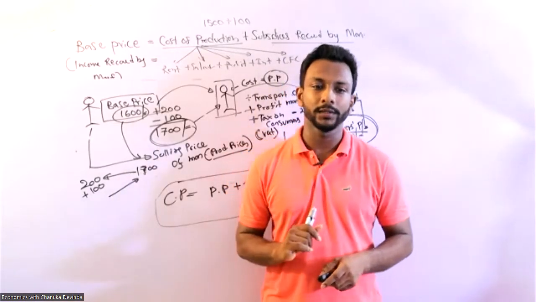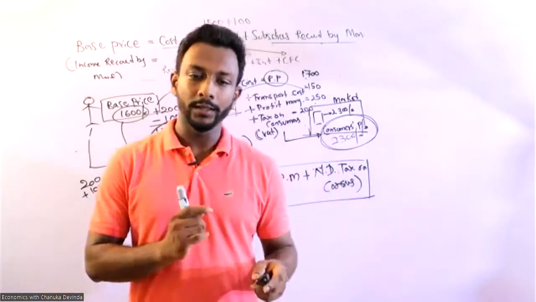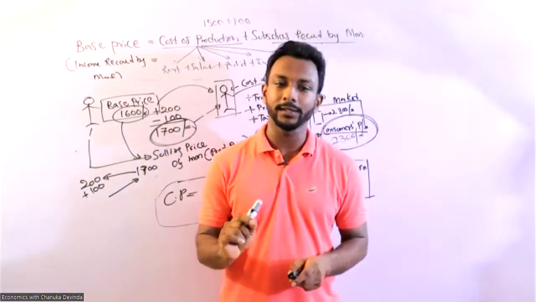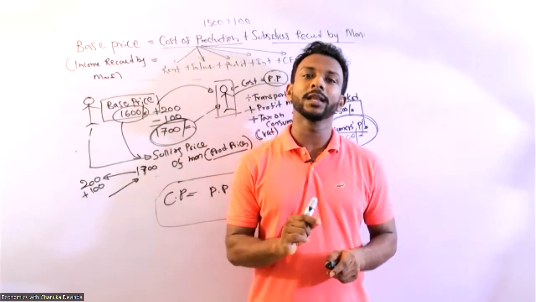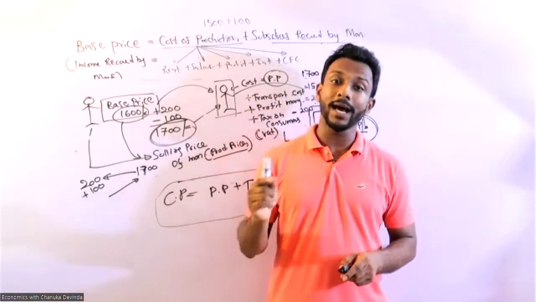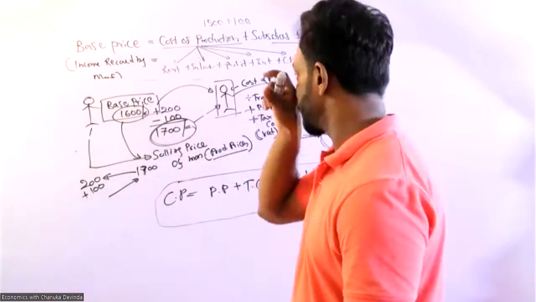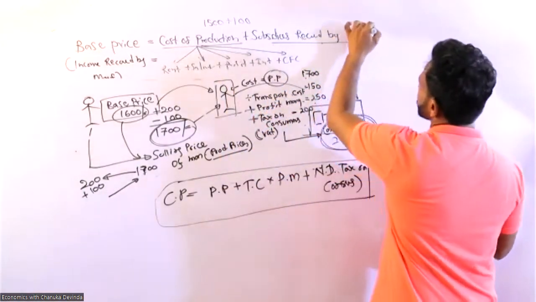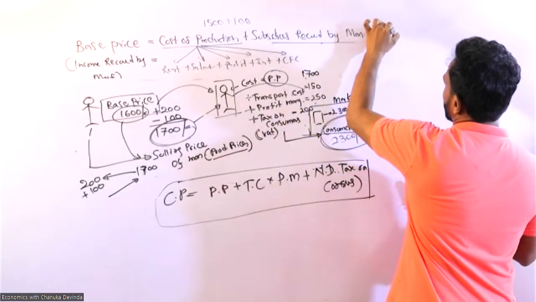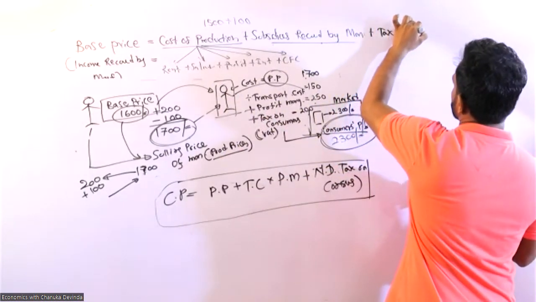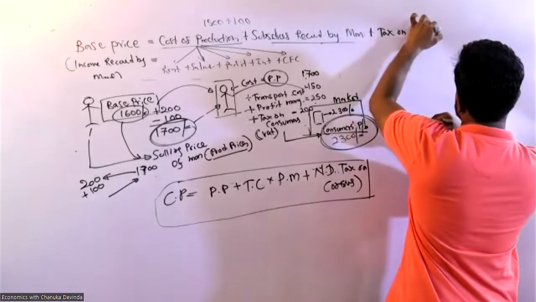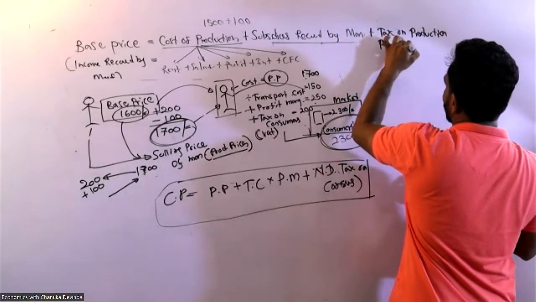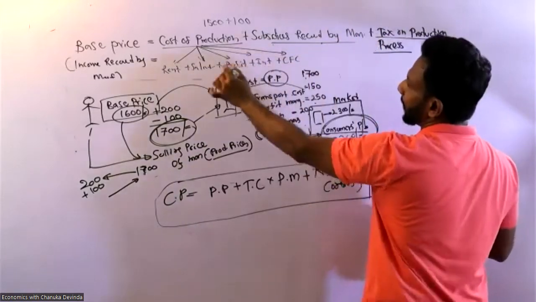Yes, third point under base price, second sentence: the other taxes paid on the production are included in the base price. Tax on production is included in the base price. Keep in mind, if there is any tax on the production process, it is included in the base price, right?